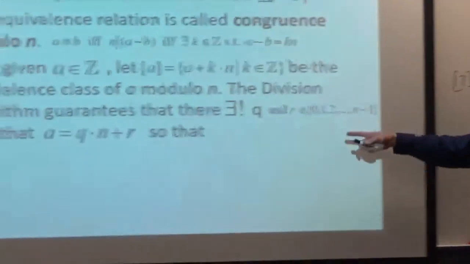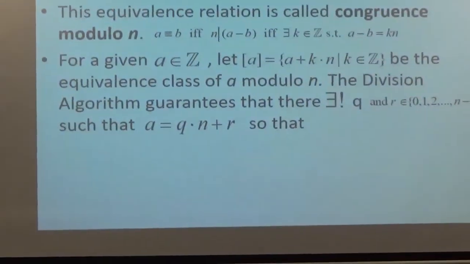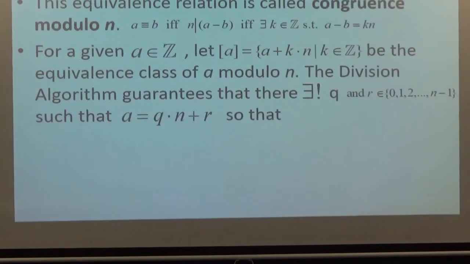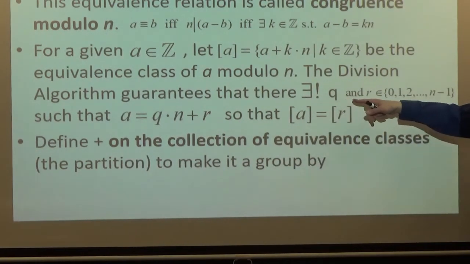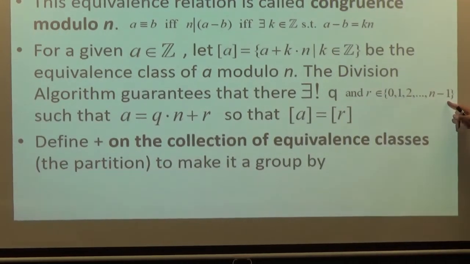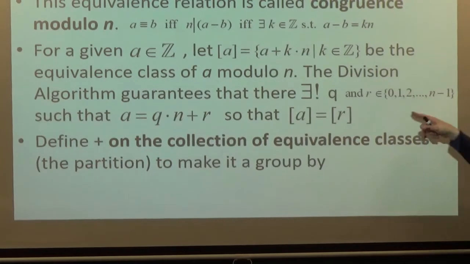I'm describing them more abstractly here. What I'm about to say: the division algorithm guarantees that there exist unique Q and R, where R satisfies this property. It's one of those n numbers that makes this true.